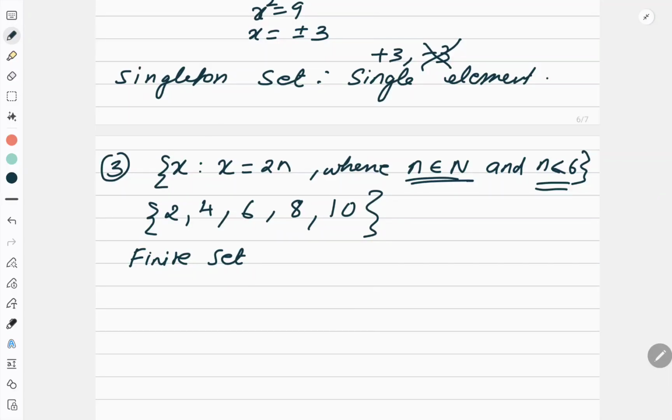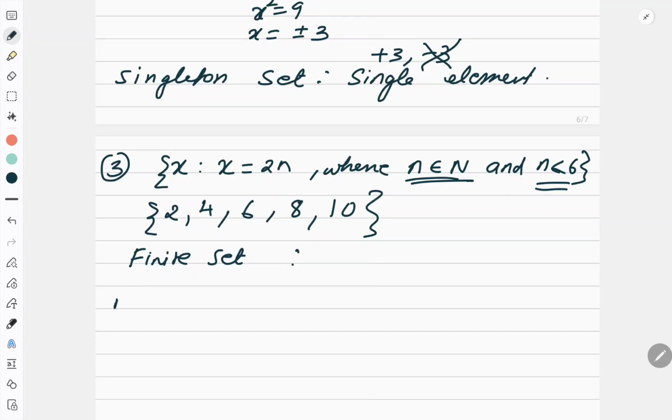So I am saying a set which is not a null set and whose elements can be listed. The other definition: the number of elements in a set is called the cardinal number or order of the set, denoted by n(A), which we have already discussed. So if the number is finite, then it is a finite set.